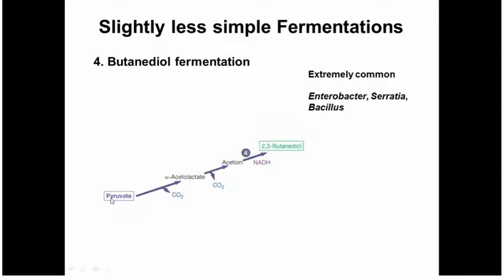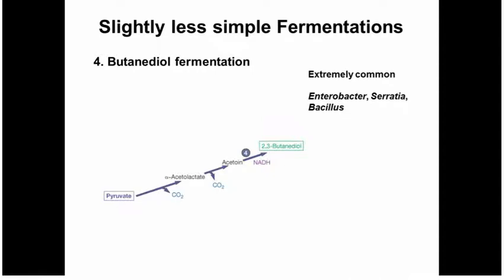So this is 2 by 3 carbon molecules, and this is a 5 carbon molecule. We've kicked out a CO2. And then this 5 carbon molecule is going to be reduced to a 4 carbon molecule. And then finally, you get the reduction step to an alcohol, to 2,3-butanediol.